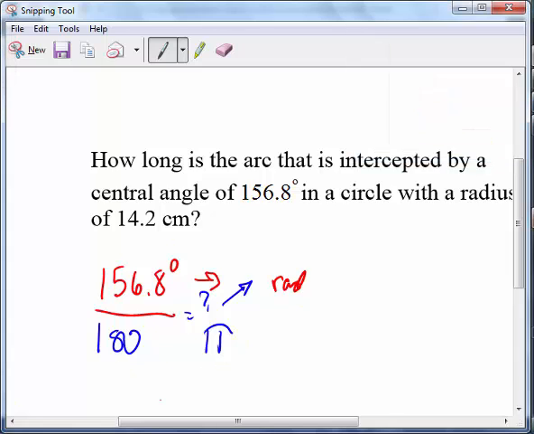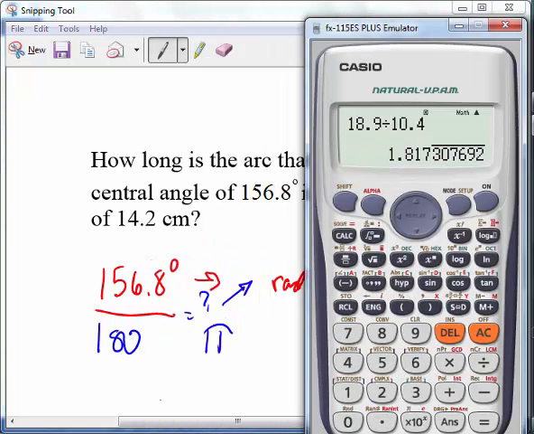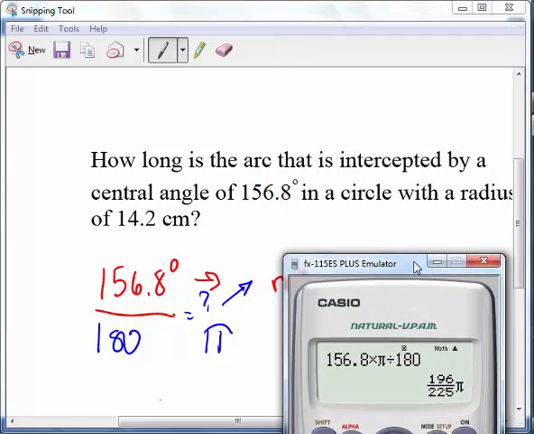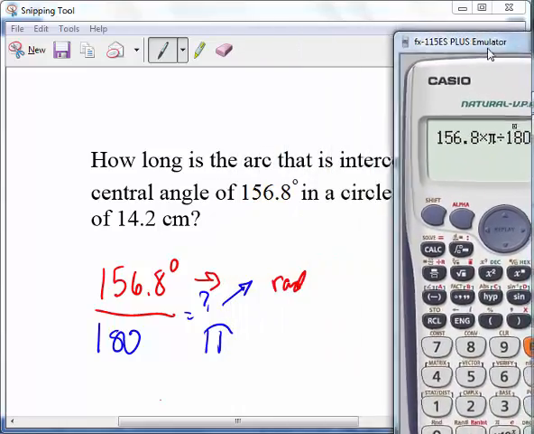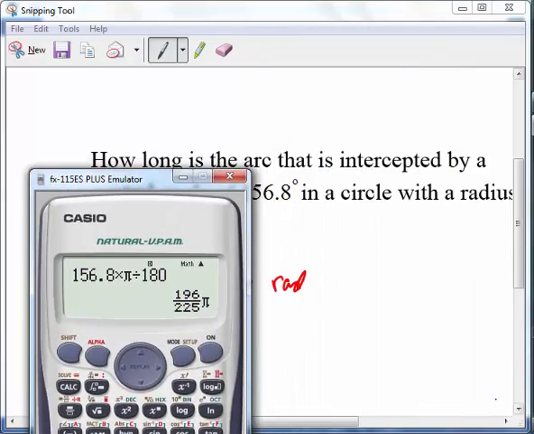or how many 180 degrees would be to pi radians. So on our calculator, we would take 156.8 times pi divided by 180. That's how many radians we would have. But then it says the radius of the circle is 14.2 centimeters.